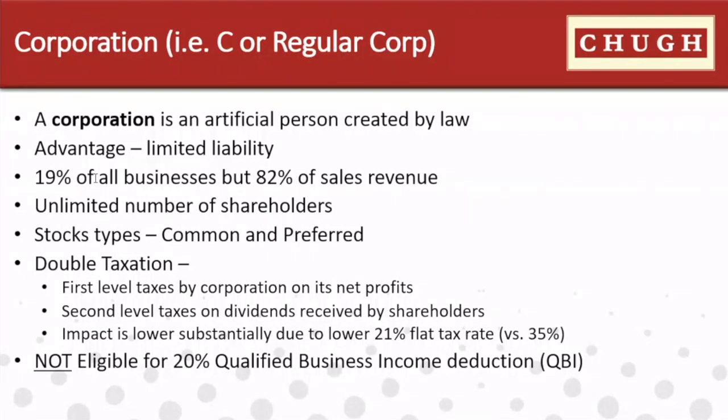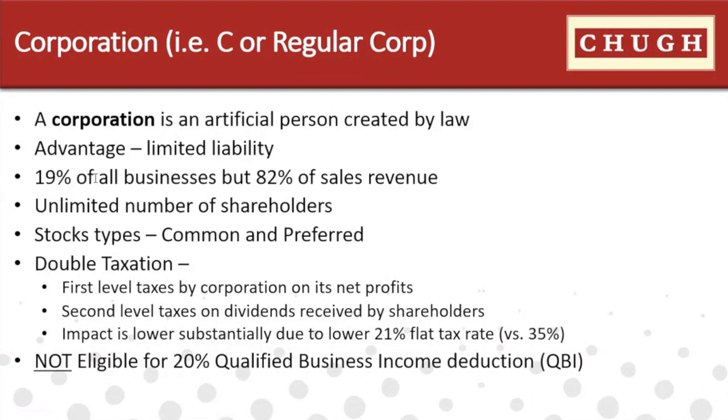shareholders. The disadvantage from the tax perspective is that it is subject to double taxation. What I mean by that is, the first level of tax is paid by the company on its profit, and the second level of tax is on the dividend received by the shareholder. For example, if Google makes $10 billion of profit, it has to pay normally around 30% tax.